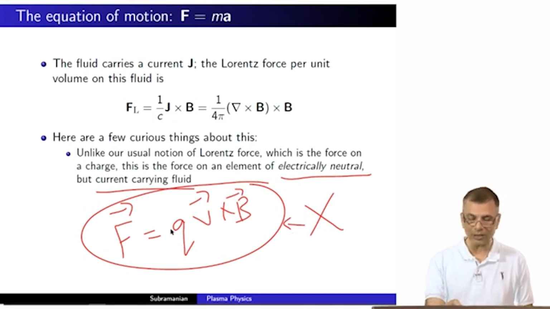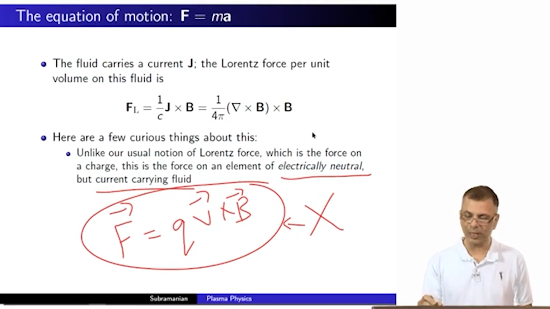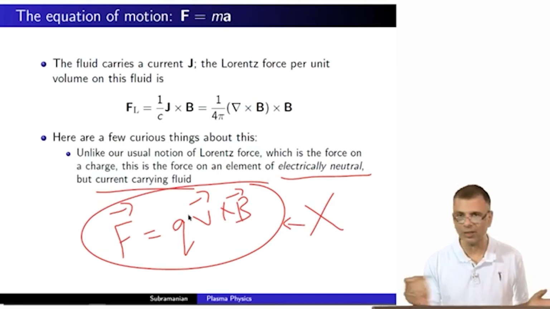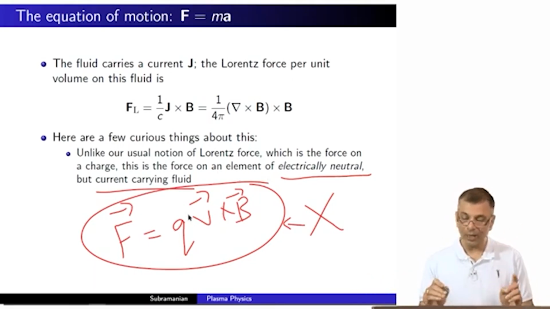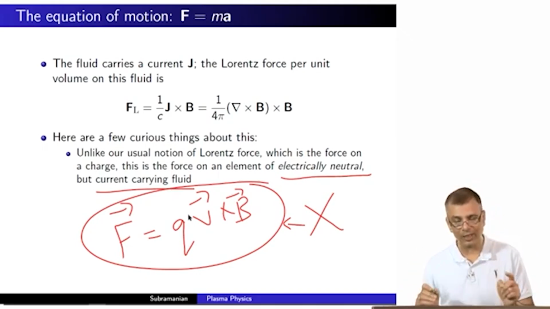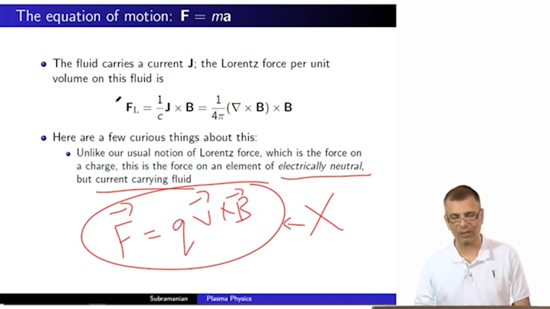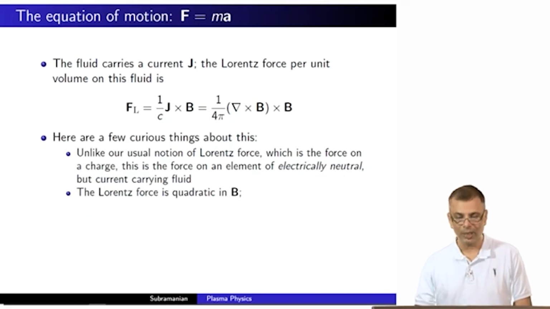Because there are no charges at all. This is actually the force on an element of fluid that is electrically neutral, but nonetheless it still carries current. Okay. So, these are a couple of curious things about this Lorentz force, and this is important to keep in mind.